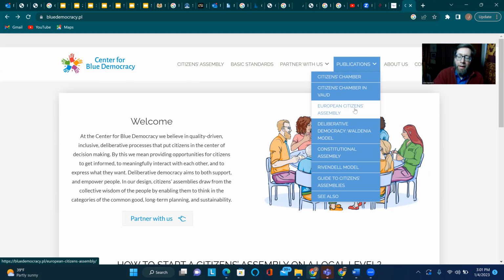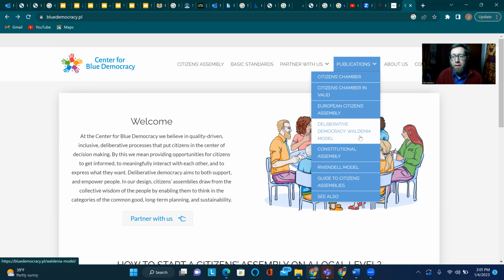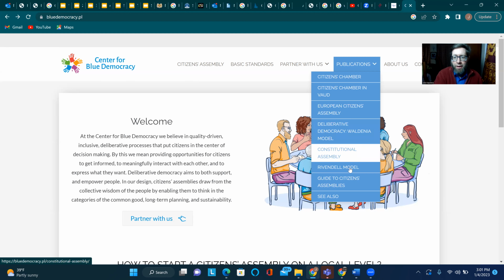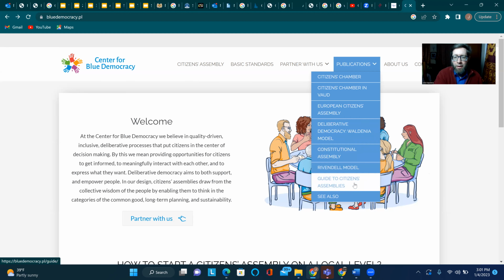So yeah, you have these other unelected bodies that have a lot more power and say. There is the European Parliament, but they really don't have a lot of power. Okay, then they have a few other models here, and then guide to citizens assembly.